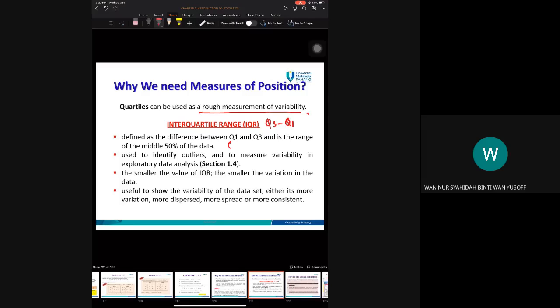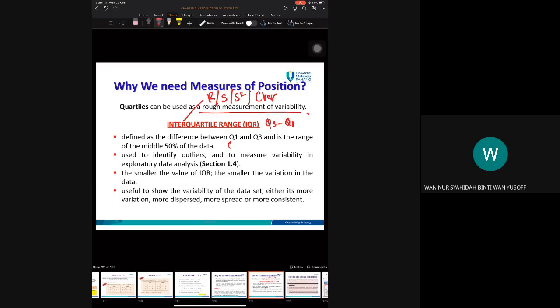It is Q3 minus Q1. How do we interpret it? Similar to range, similar to S, similar to S square, similar to CV: the smaller it is, the better the data. The smaller it is, the more consistent your data set.